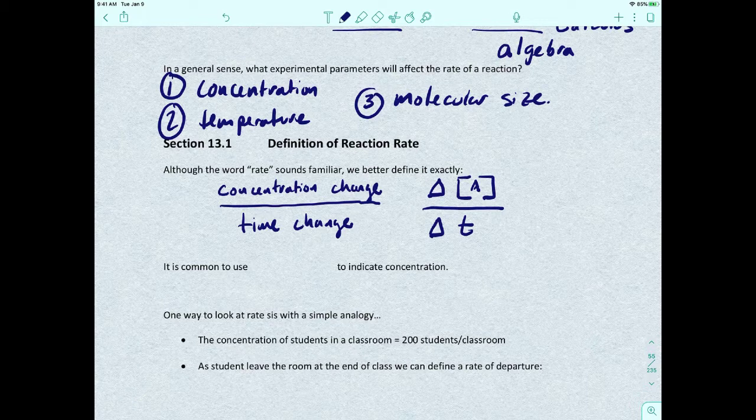And so this little expression is how we mathematically show the rate of a chemical reaction. It's expressed as the change in the concentration divided by the change in time. And again, it's common to use brackets to talk about concentration.